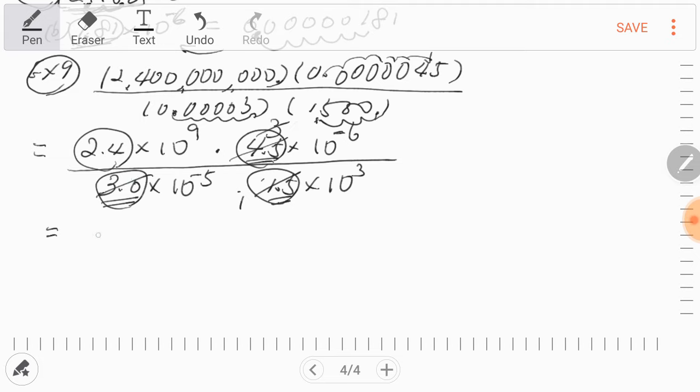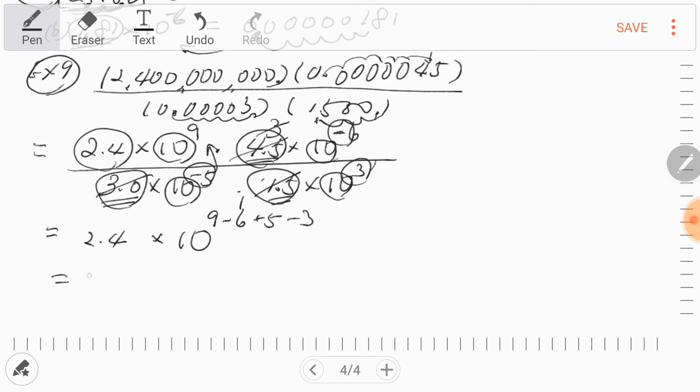So we have 2.4 multiplied by 10 to the, okay, the exponential forms all have base ten. So why don't we put all the exponents together? So 9 minus this one 6, and then move this one to the numerator, then plus 5, and 3 to the numerator, then minus 3.